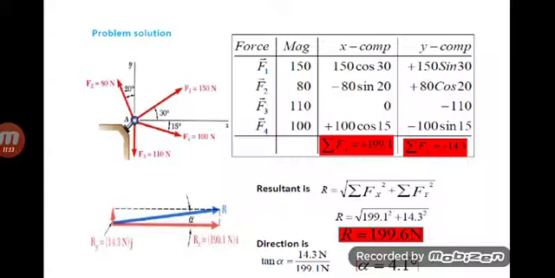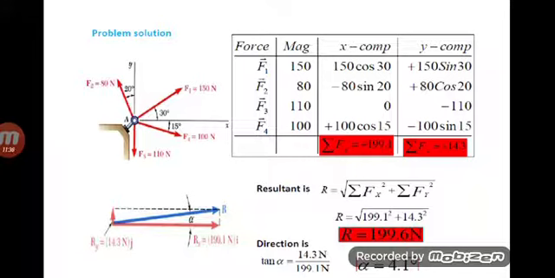Here the X component is 100 cos 15 degrees and the Y component is minus 100 sin 15 degrees, because this Y component comes under the minus Y direction, that is the downward direction. Then do the summation for the X components and also the Y components, and you will get summation of Fx equal to 199.1 and summation of Fy equal to 14.3.